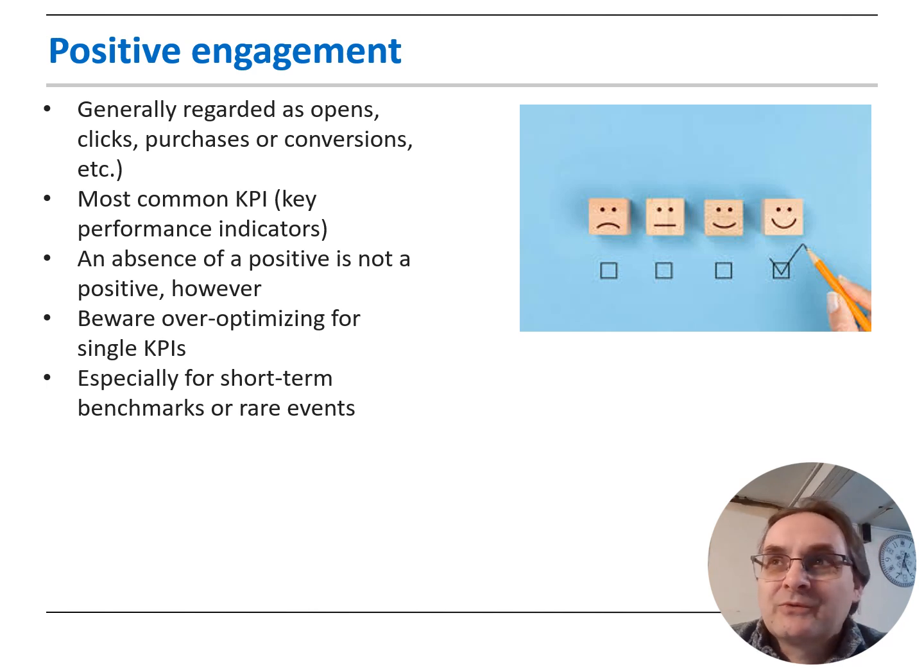It is important for email marketers not to over-optimize for positive engagement, especially for single KPI pieces. You can ruin an email program with a high open rate.